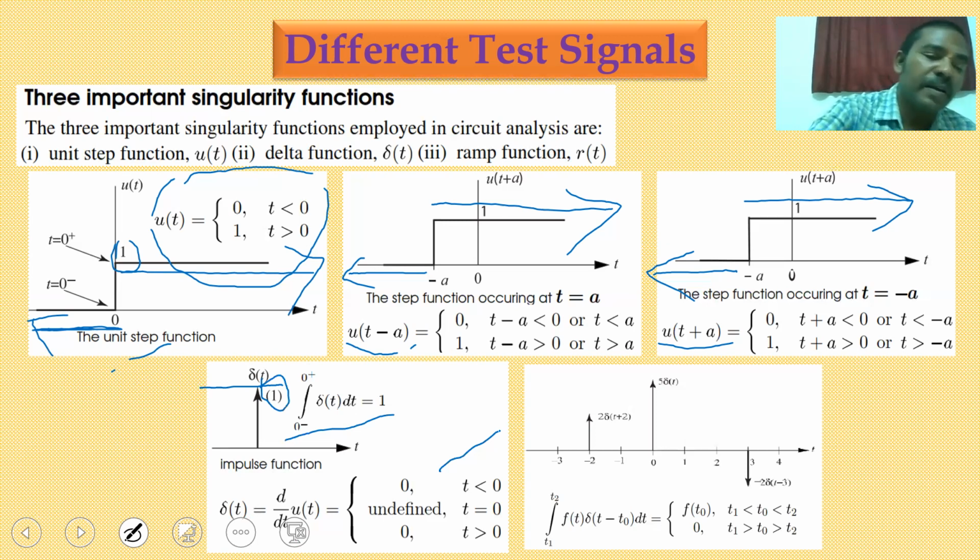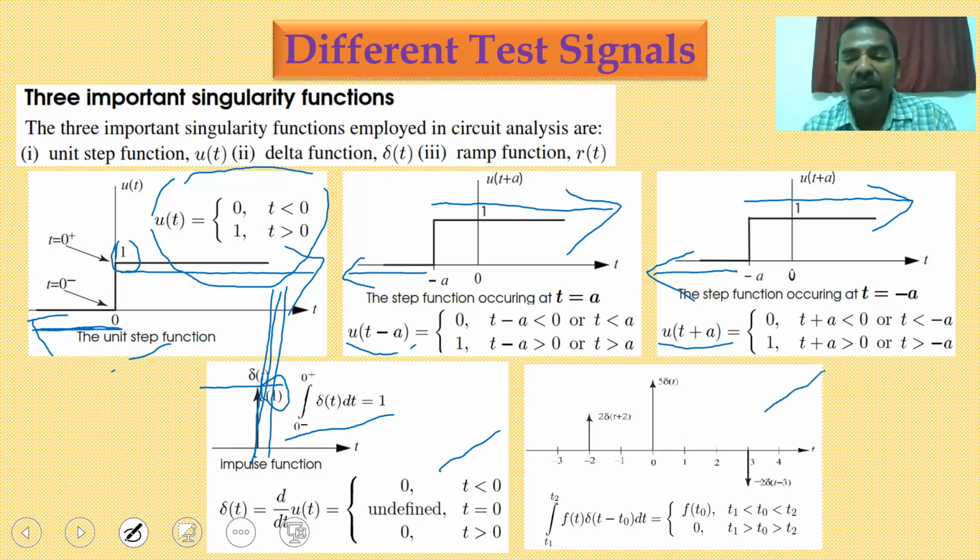That means it must always be on the y-axis only. So this is the delay timing condition of the delta function. For particular functions there will be two different time values.